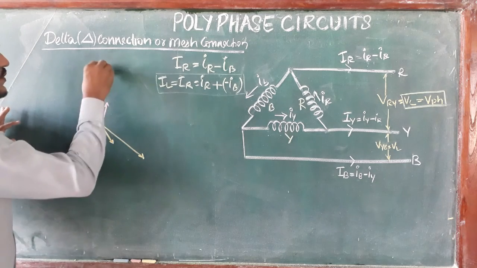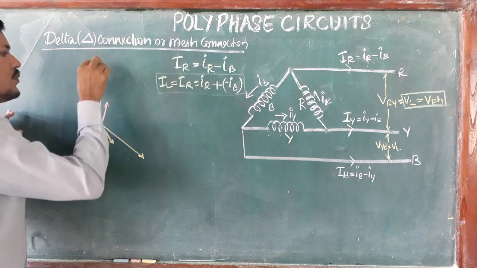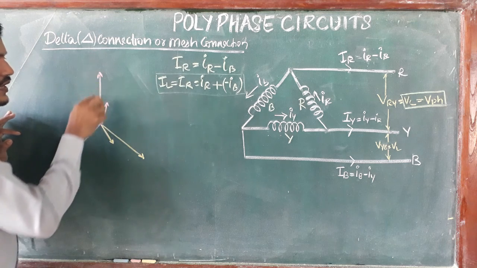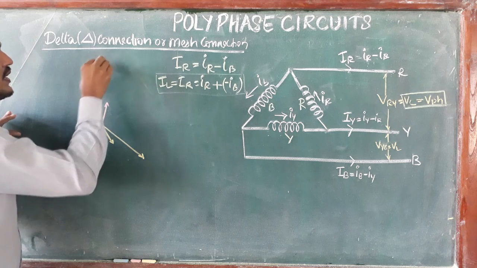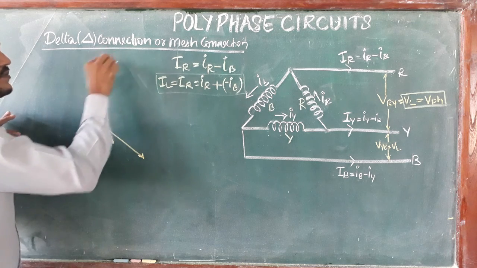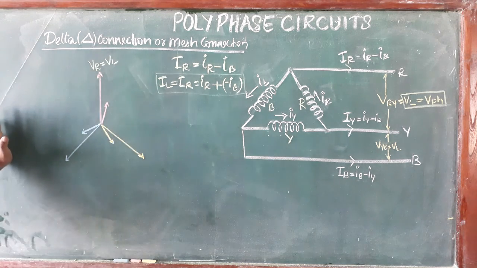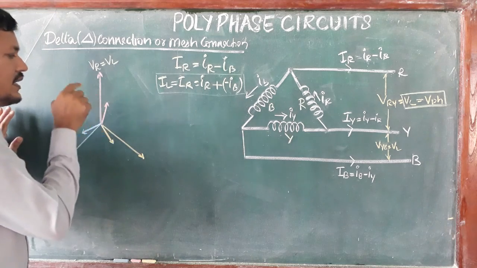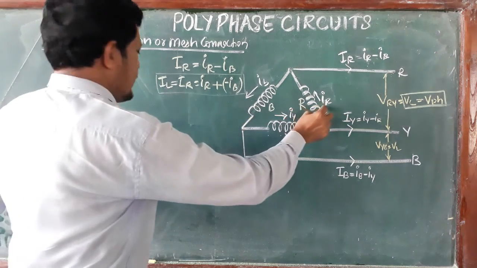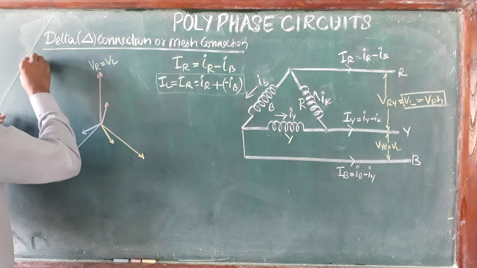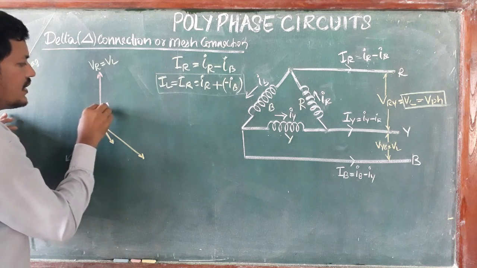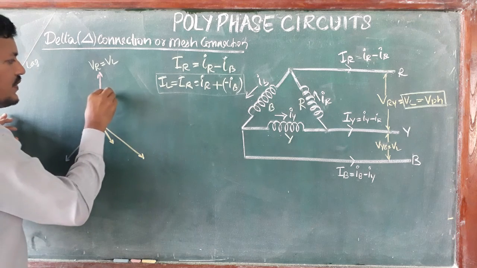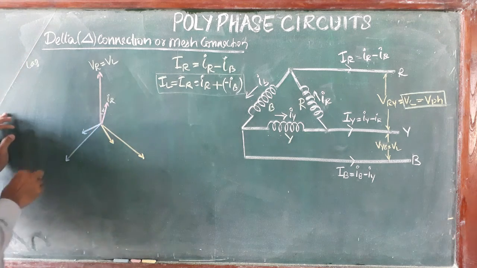This one belongs to the R phase. So this one I am drawing, VR equal to VL, and its current IR I am taking in the lagging condition. So some angle phi lag. So this one is the phase current IR.